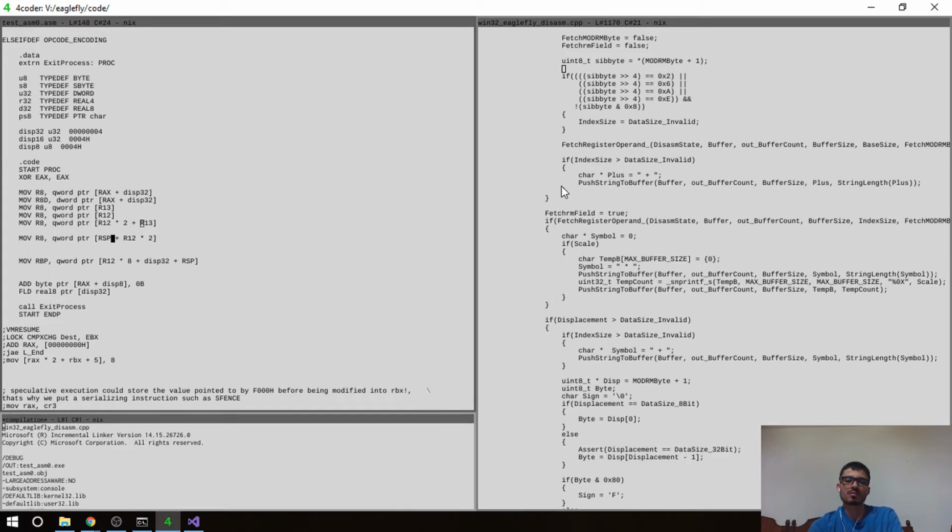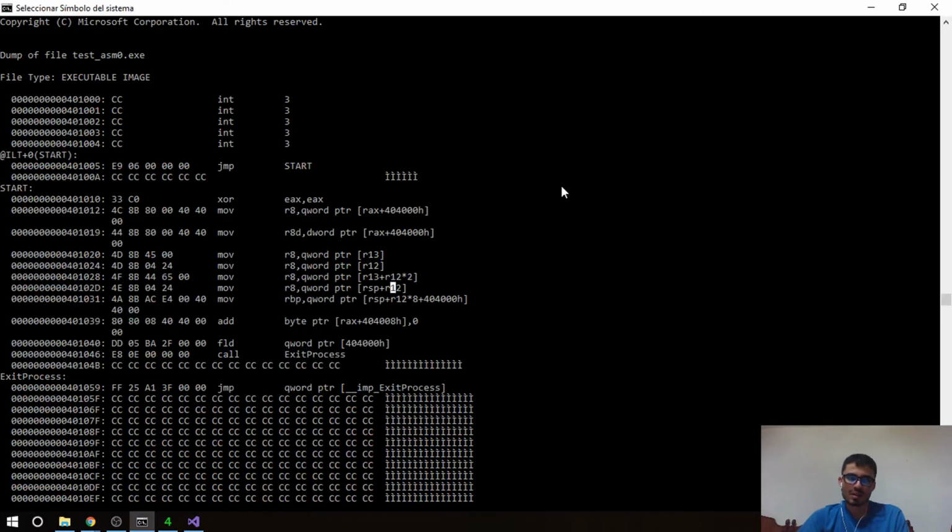So the base can be RSP, that's correct, but it cannot be the index. That's a special case. And the index can be R12. That's why we got this, RSP, R12, we got the index, we got 24, and that's what we are decoding.